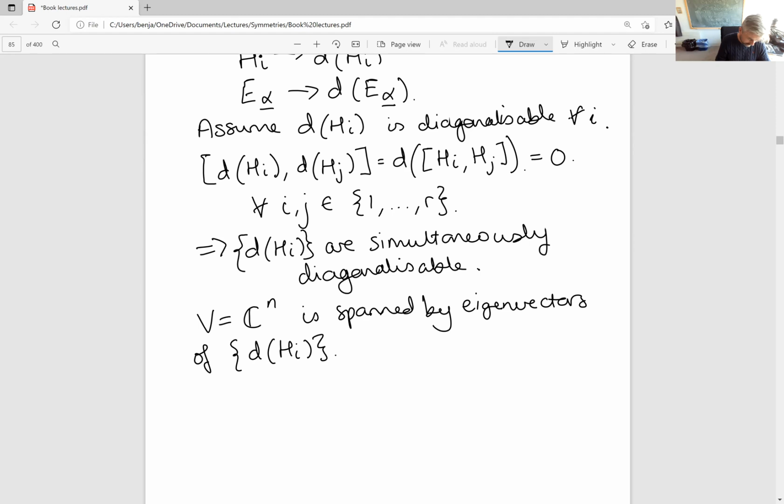So we can write V as the direct sum of V lambda over lambda in S of d, where if v is in this eigenspace, this is the sum of the eigenspaces of d of hi.